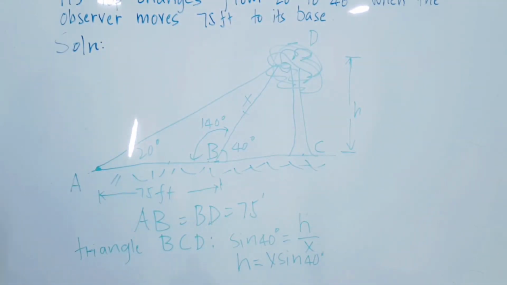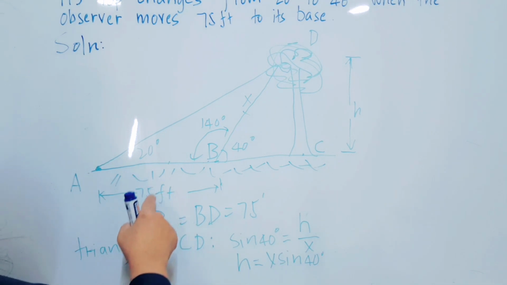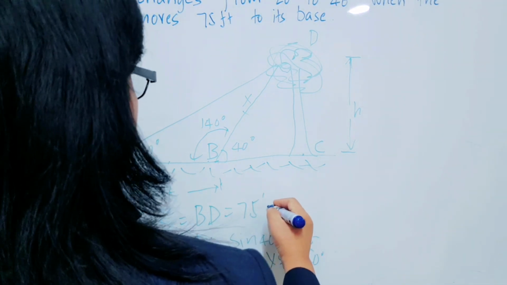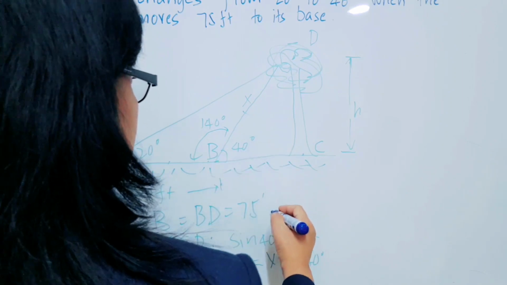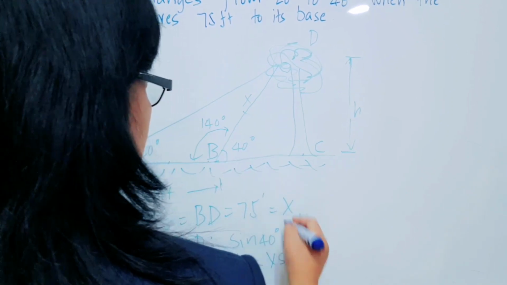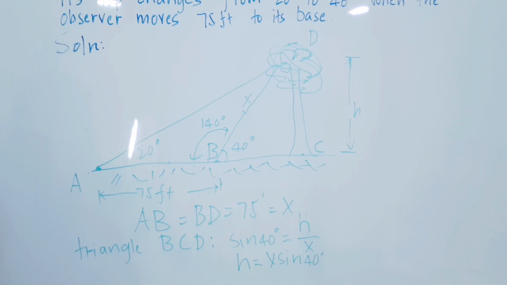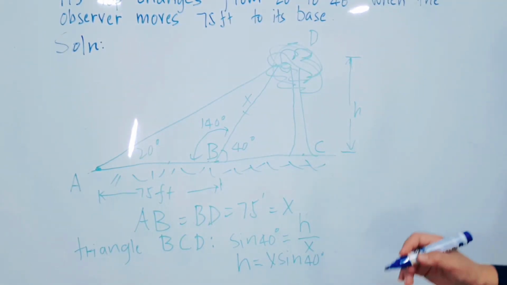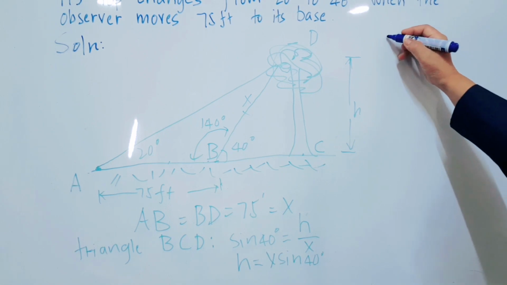Now, since x is equal to 75 feet, this is BD, which we designate as x. So we can substitute the value of x.